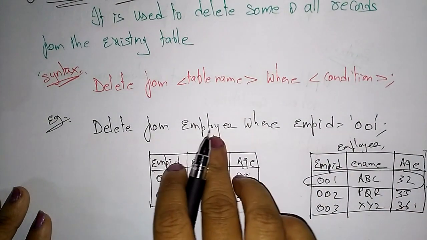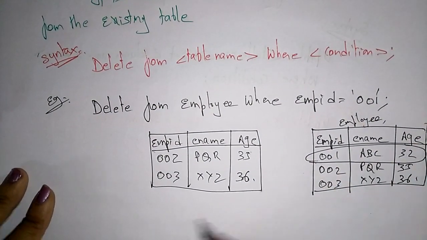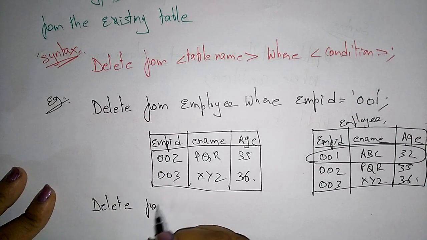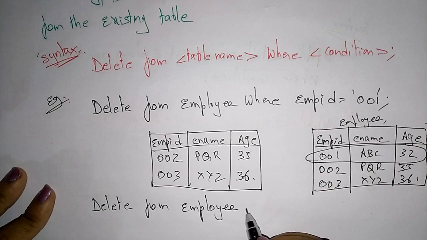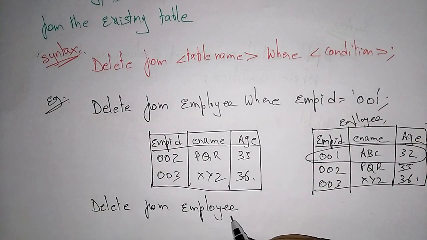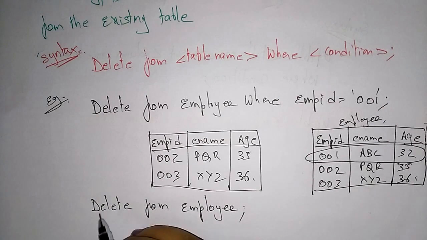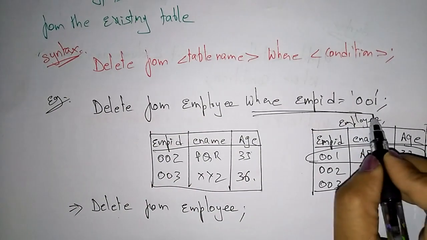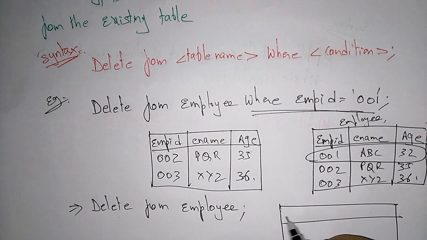Suppose you write just delete from employee without mentioning the condition, that is, you do not write the where condition, then all rows will get deleted. If you don't mention the condition, it deletes all the rows in the employee table.